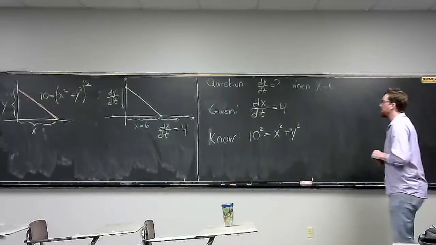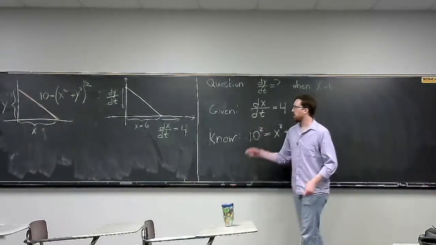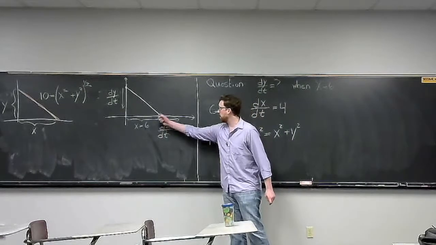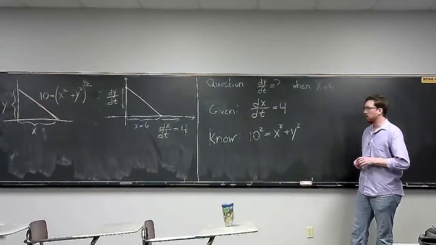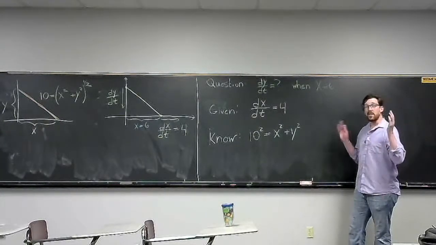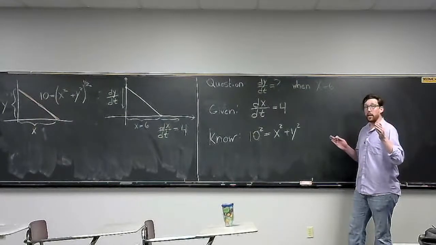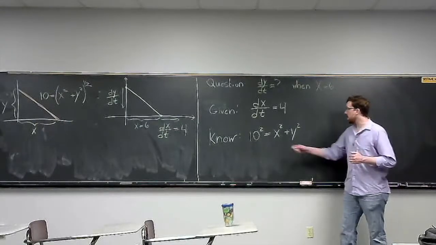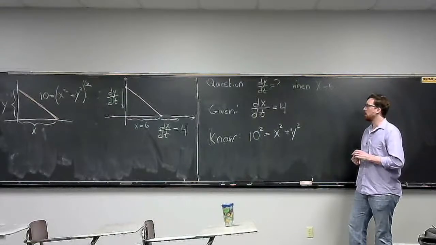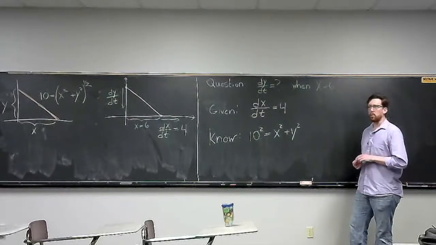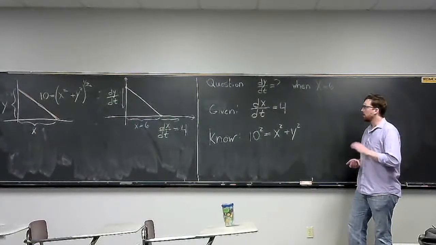We're given that dx/dt, the rate at which the bottom of the ladder is moving away from the wall, is 4 feet per second. And we know that if you were to take the length of that ladder and square it, it would be equal to x squared plus y squared. That's just the Pythagorean theorem, right? So how are we going to use all of this to solve this problem?